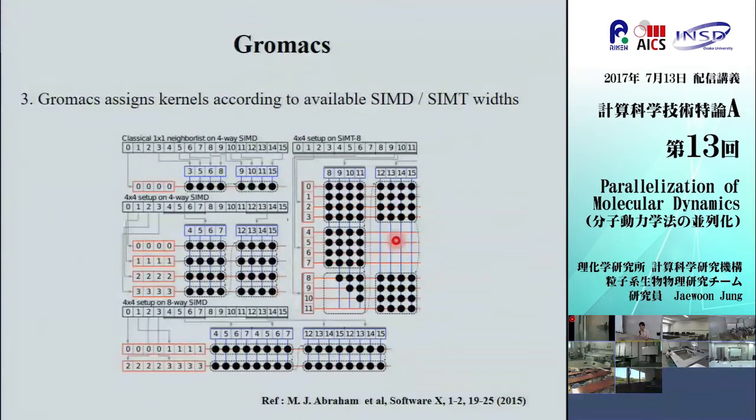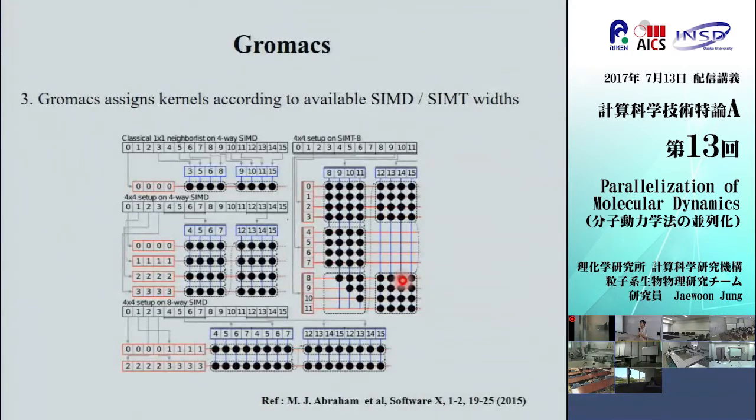So they make a different SIMD kernel according to architecture. Let's consider the different architectures of Intel CPUs. The most recent is KNL, Knights Landing. In the case of Knights Landing, you can assign 16 SIMD widths because it's a 512-bit machine. Then GROMACS makes use of a kernel such that 16 SIMD is available.